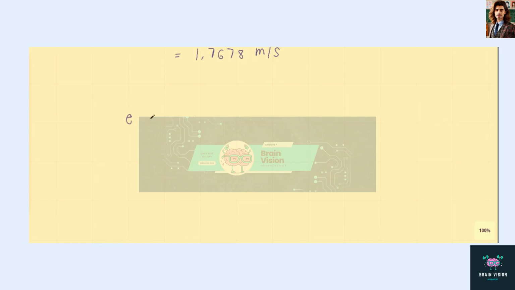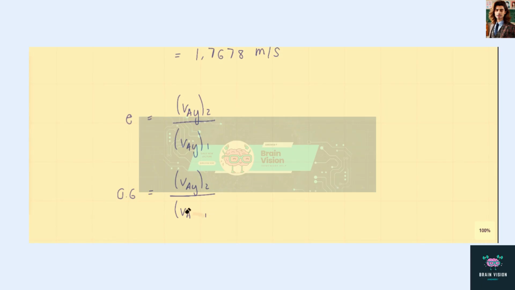Now the coefficient of restitution, E, is equal to, this is at A, remember, VAY after the collision with A, over VAY1, which is before the collision at A. So we are given this coefficient of restitution, which is 0.6, and we have one of the velocities. So this is VAY2 over VAY1.